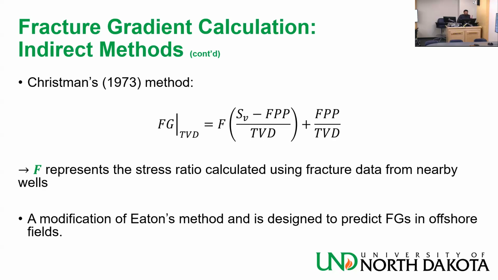Well, it's a physics-based empiricism, okay? You have some physics-based inputs like SV, FPP, TVD, but you also have the data-driven factor F, the stress ratio, which is to a large extent data-driven, in all honesty.